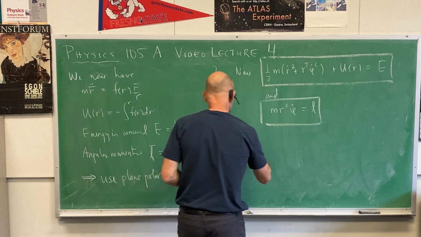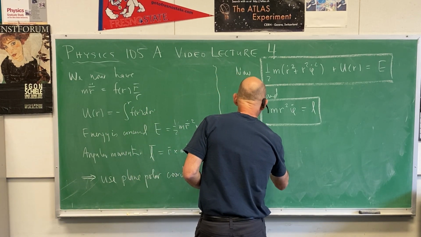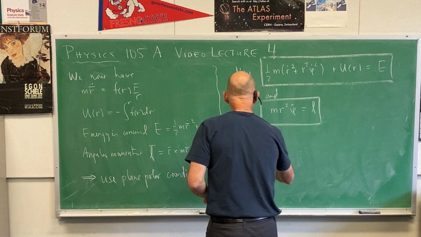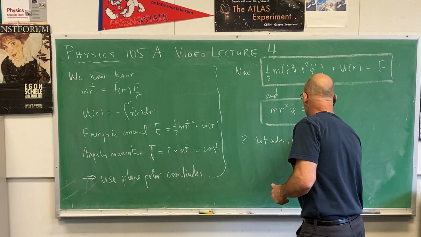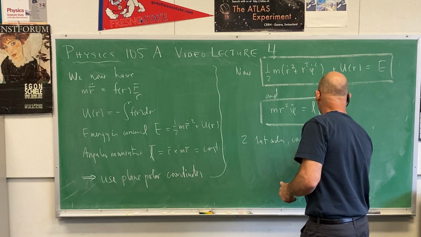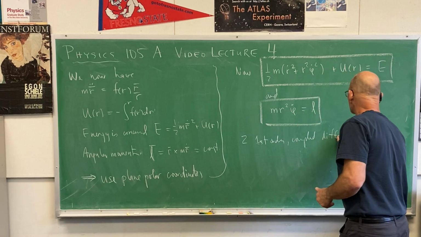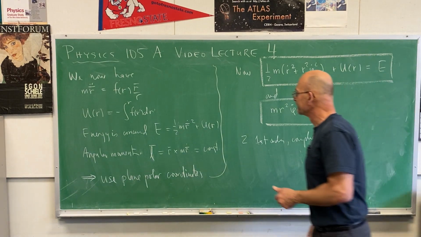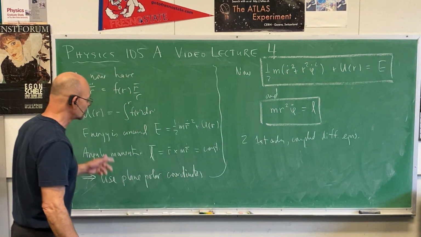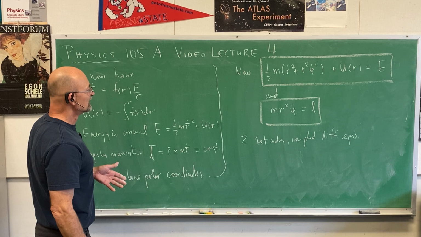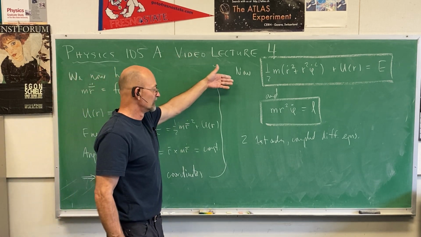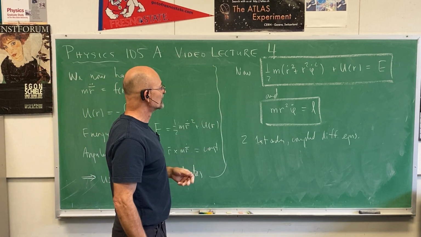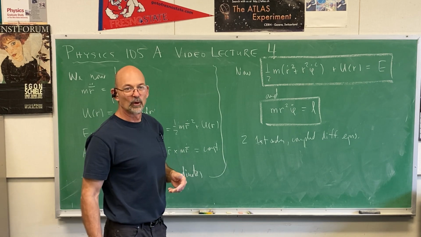So two first-order coupled differential equations. That's what we brought it to. The motion's restricted to a plane. We have two coupled first-order differential equations for solving all of our central force problems.